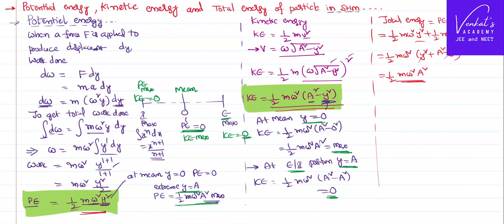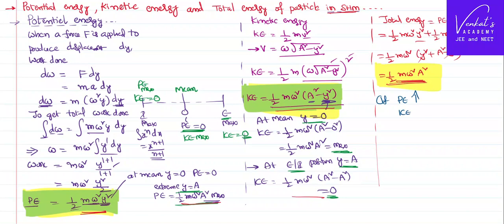This clearly tells you that energy is conserved at any point. One energy increases, another energy decreases, but the total energy always remains constant. It's an explanation of conservation of energy for a body in simple harmonic motion. If at any point potential energy is increasing, kinetic energy will be decreasing, and the total energy remains constant.